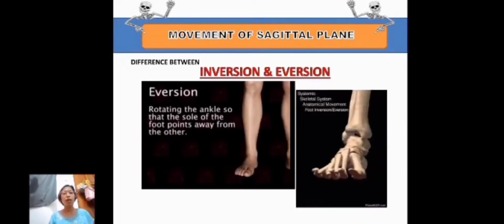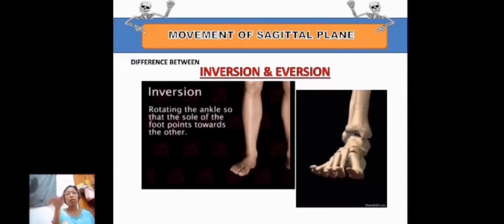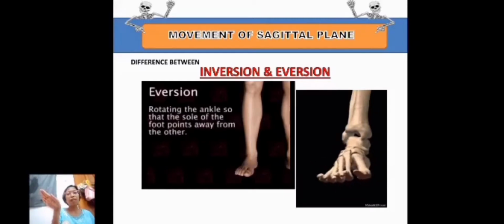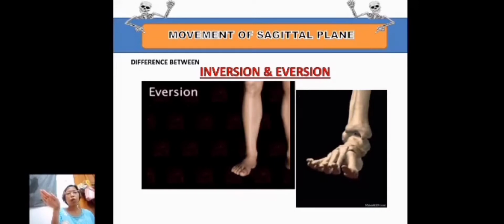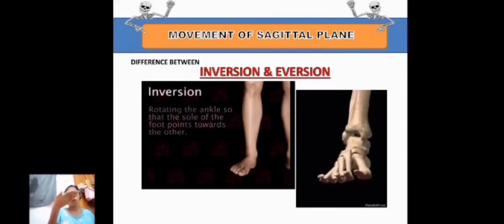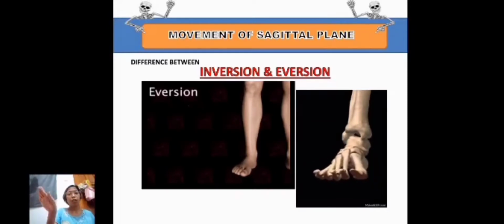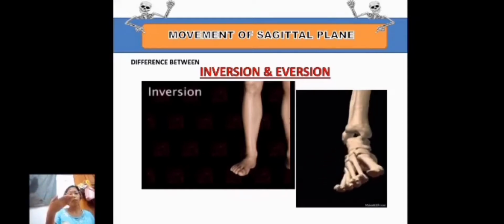When we say inversion, the foot sole is moving towards the mid-sagittal line. When we say eversion, the sole moves away from the mid-sagittal line, like this one. Inversion, eversion.